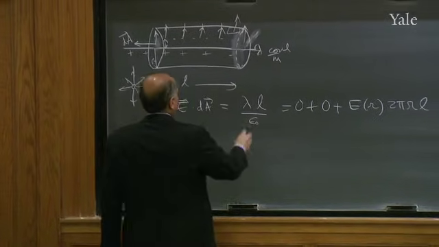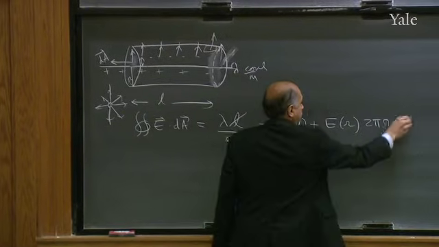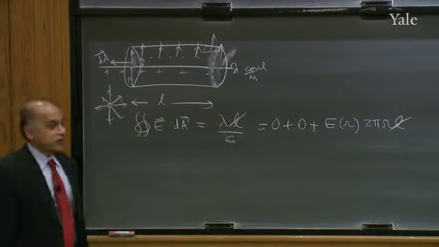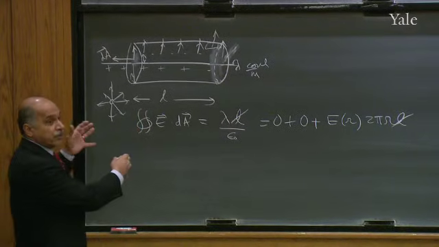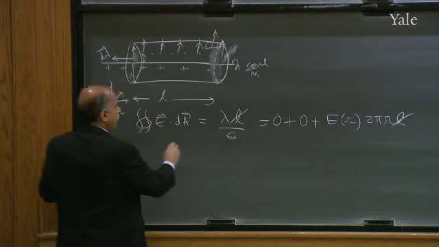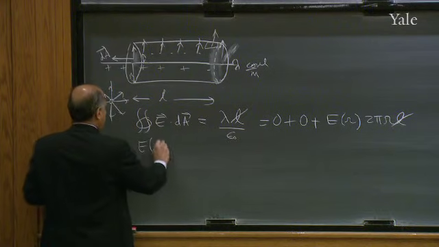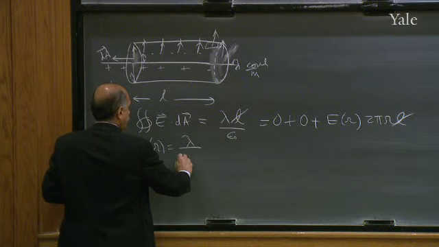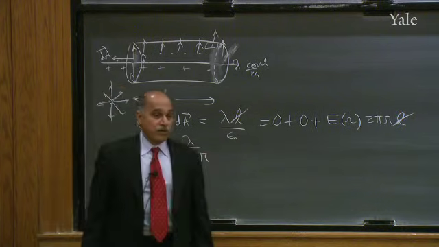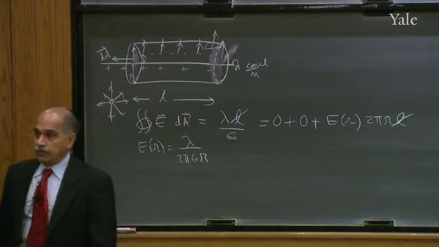So you see, L cancels out, and it better cancel out because L is an artificial construction. We made up L. The answer should not depend on the Gaussian surface you picked. I told you it's a figment of our imagination, so it doesn't depend on it. And we find E of r equal to lambda over 2 pi epsilon 0 r, which is a result we got earlier by doing all the brute force integration.